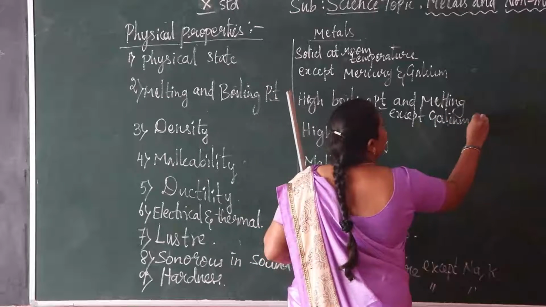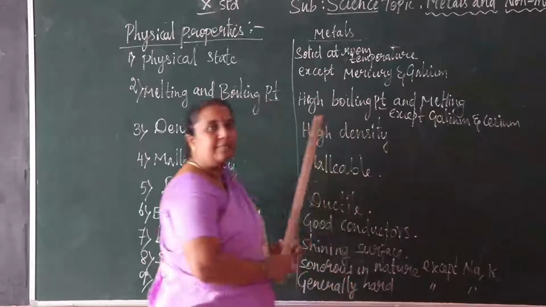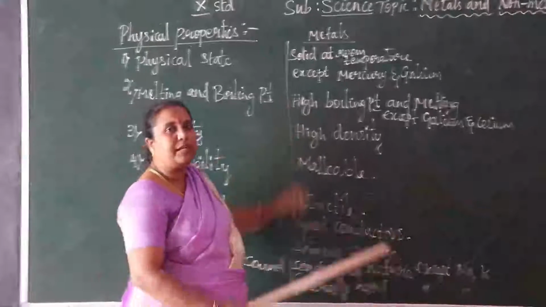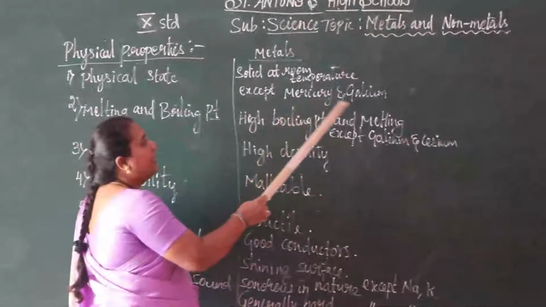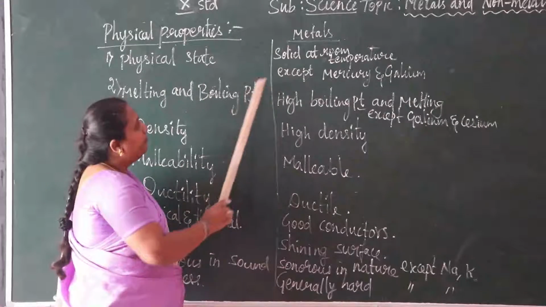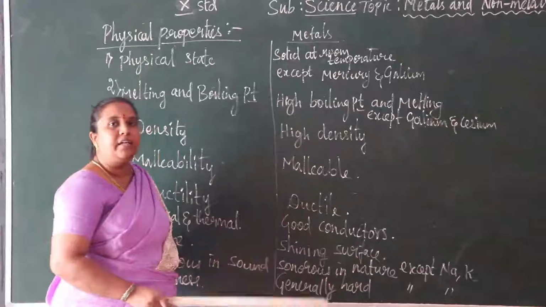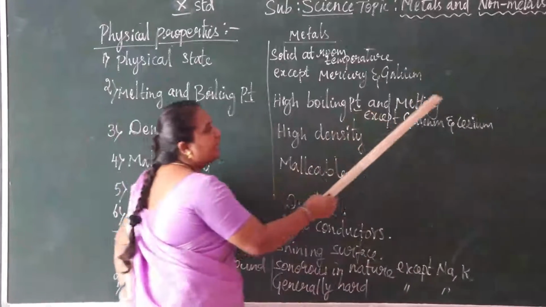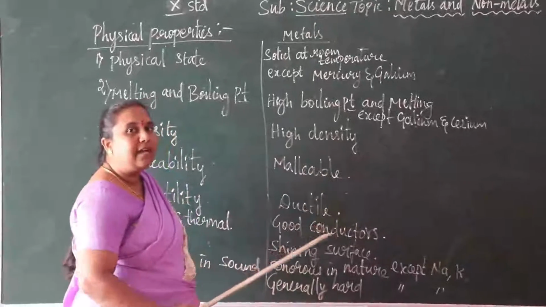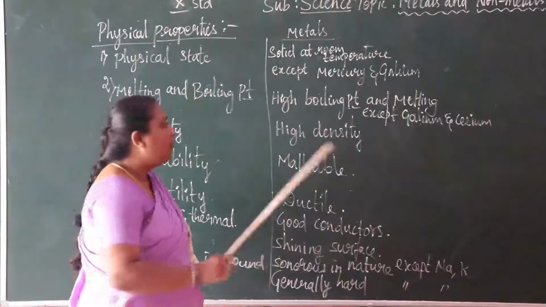Physical state of metals is solid at room temperature except mercury and gallium, and the melting and boiling points of metals are high except gallium and cesium. Why? Because these are all non-solids at room temperature, so the others can have high melting and boiling points.